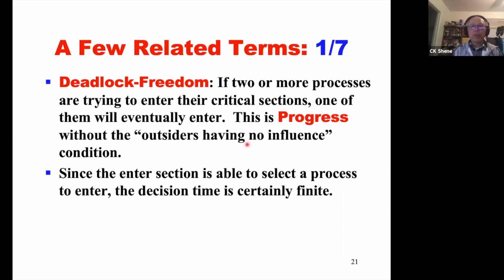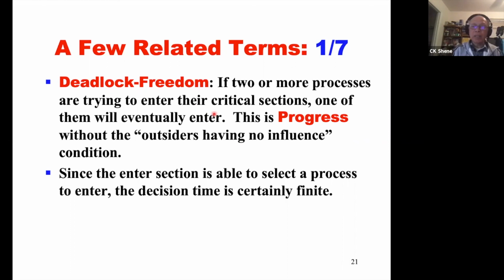Remember, the first part in the progress condition says that if the critical section is empty and several processes are waiting to enter, in finite time, we are able to select one candidate to enter. Those who are not waiting will not influence this decision. So deadlock free only says in finite time, we can select a candidate.